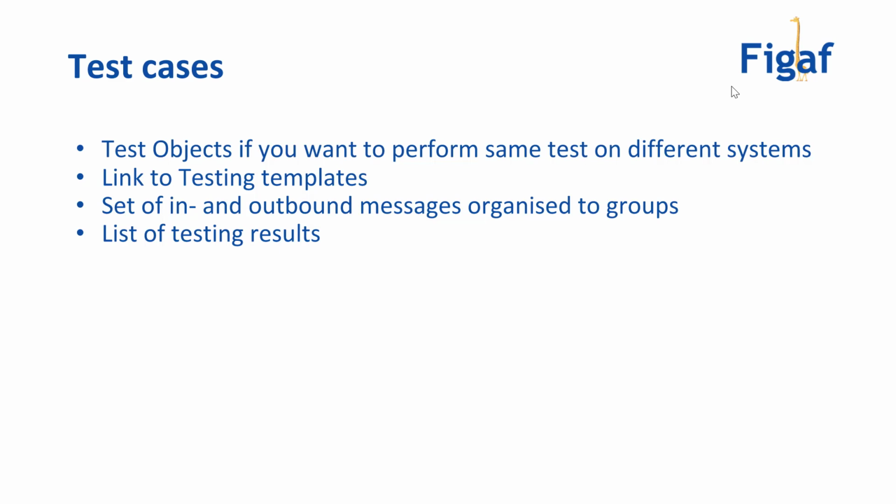So one inbound message is equal to one test case. And then we got this information about grouping them based on either when it was created or if we have some partner specific or message specific attributes in this. And then we have a list of the different results for testing. How did this test work?